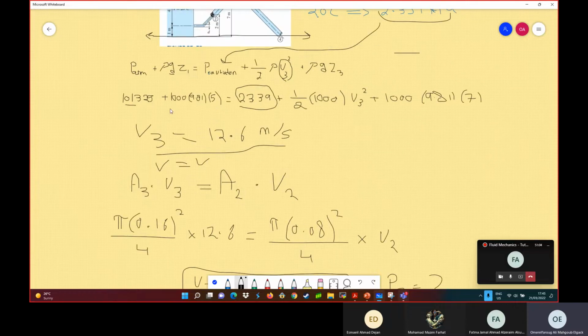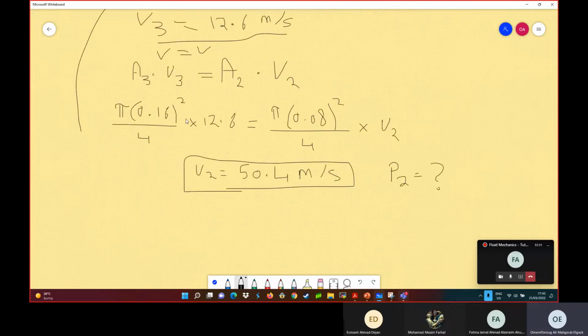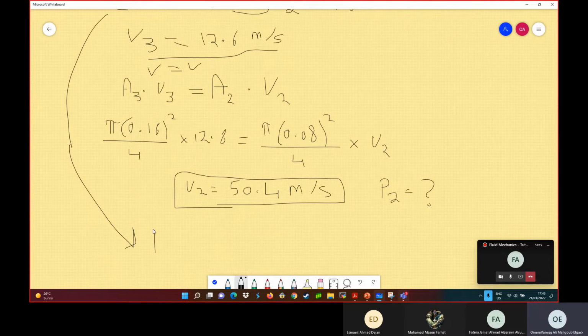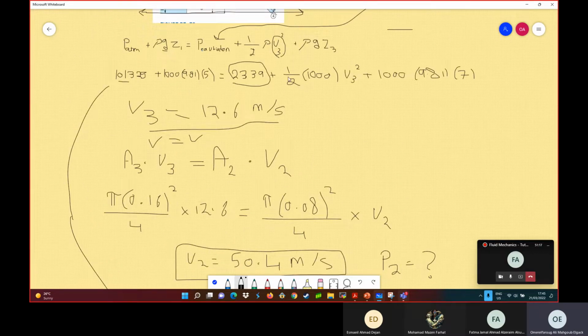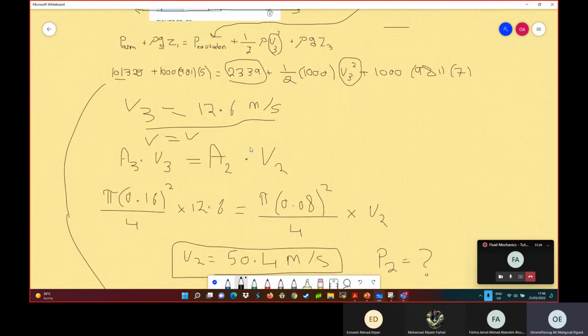Apply the same equation here, but now we want to find the pressure. The pressure is unknown, and I have the velocity. I won't write it again. You substitute V2 here and make P an unknown. Find it.